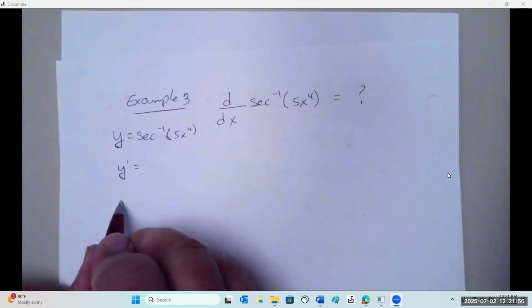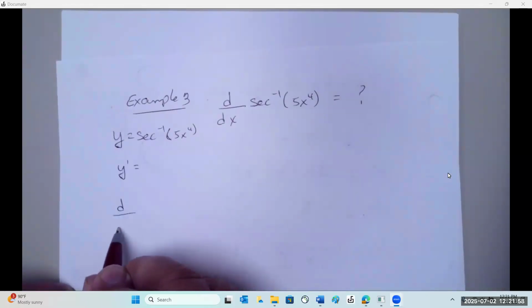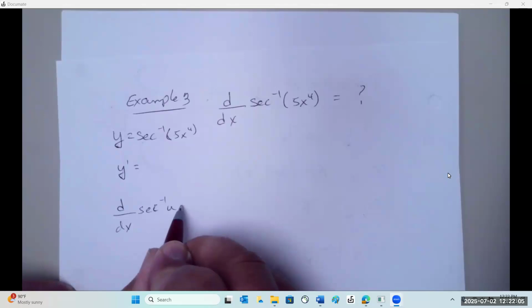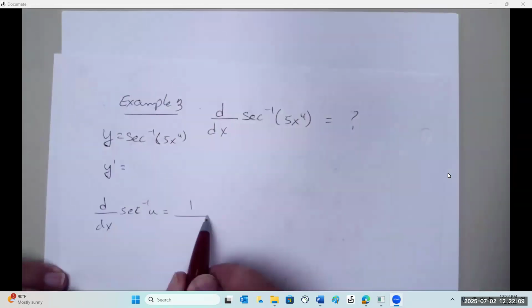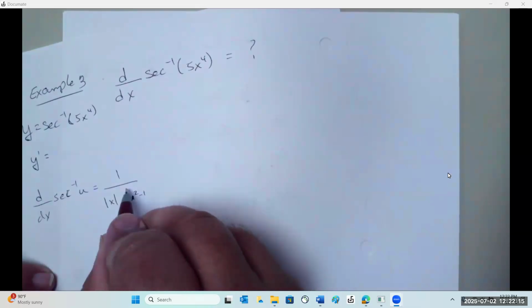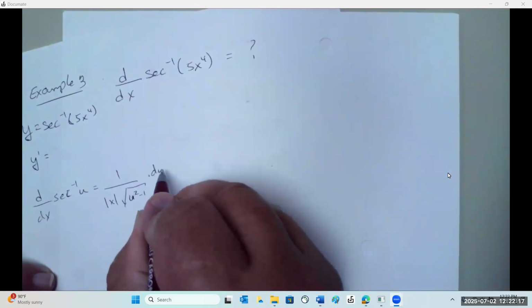A formula. I have the formula is this: d dx of secant inverse of u is equal to 1 over absolute value of u square root of u squared minus 1, du.